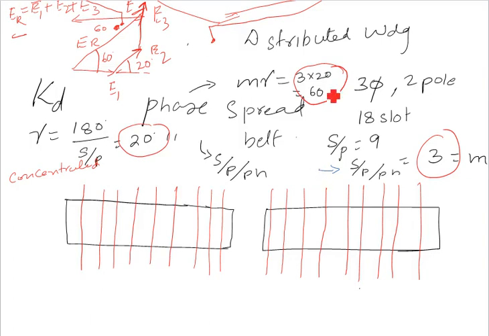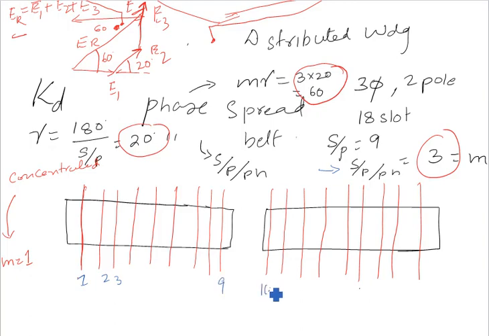Here the phase belt will always be 1, that is, m equal to 1. Slots per pole per phase will be 1 for concentrated winding. So I take this first as EMF 1, this is 2, this is 3, and this will be 9 and 10.